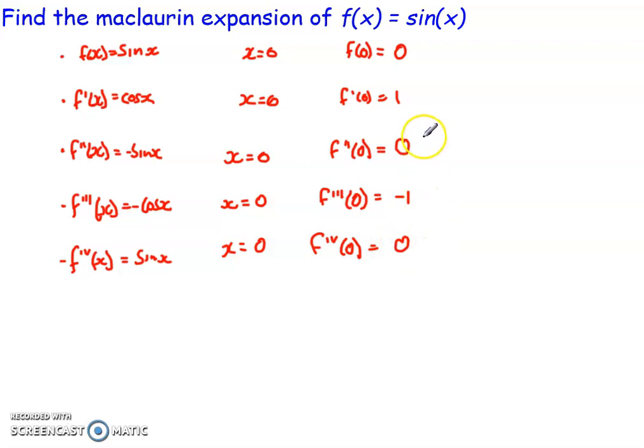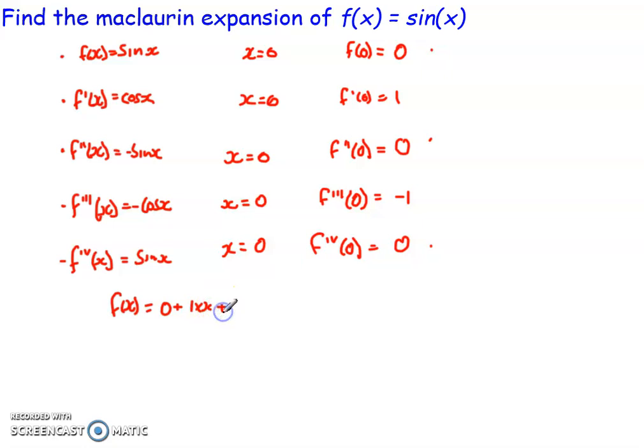Now, here's something that you have to notice. I've got zeros as some of my answers. So what that's going to mean is if I'm substituting in, my first term, f of 0, is just 0. I'm then going to have my first derivative times x, so I'm then going to have 1 times x.